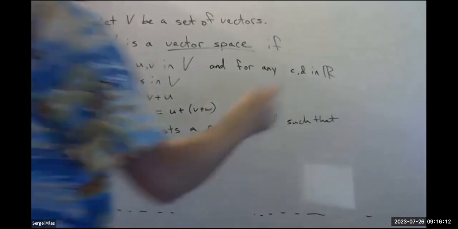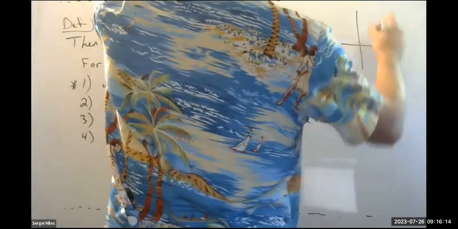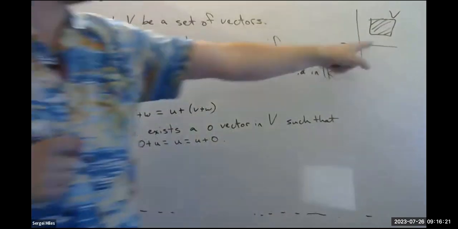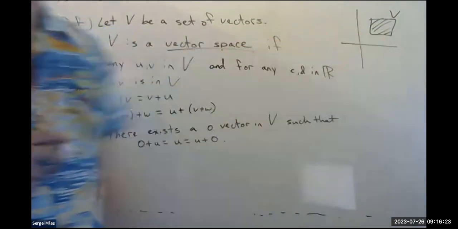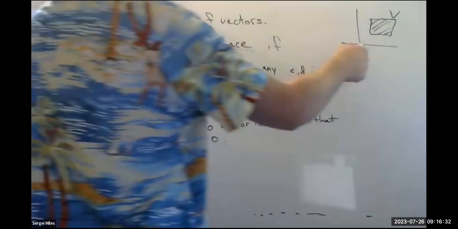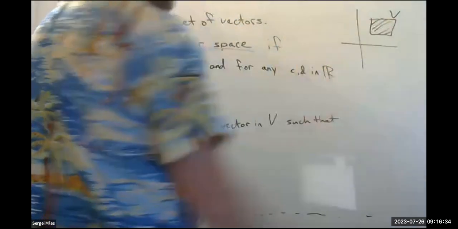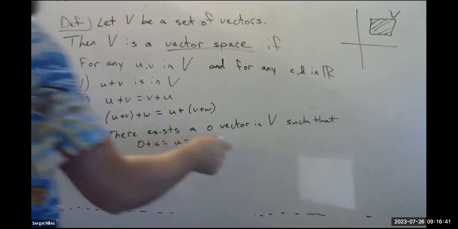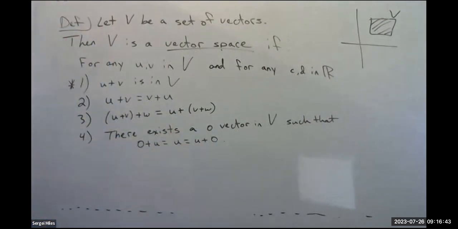For example, you could imagine, what if my set V is a set of vectors that's inside this box I just drew? Well, if it's inside this box, then you can see quite clearly just by looking at it, the 0 vector is not included in that box. There is no 0 vector inside that set, which means there's no zero vector I can add to things so that I get back the original vector.